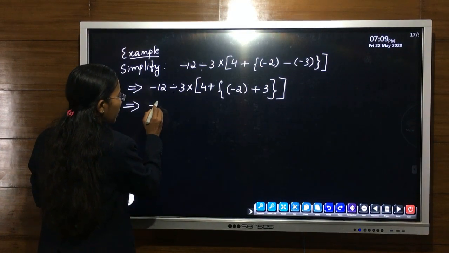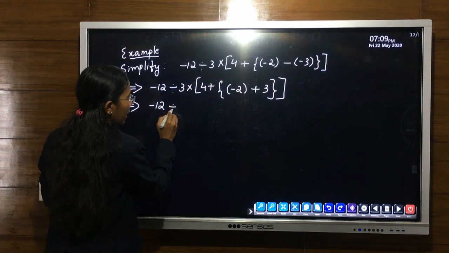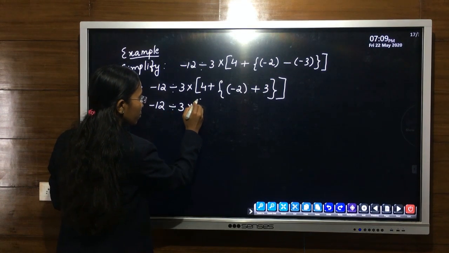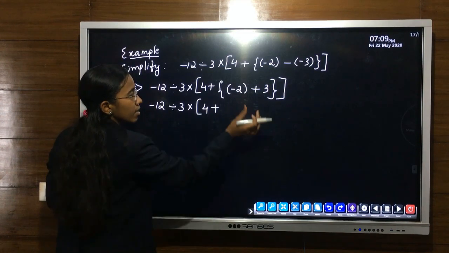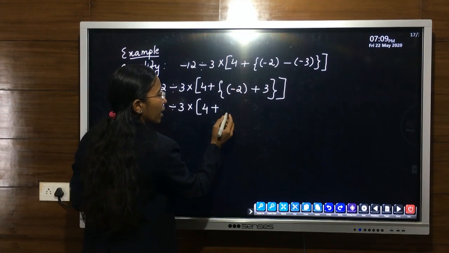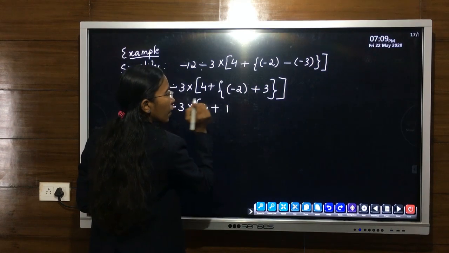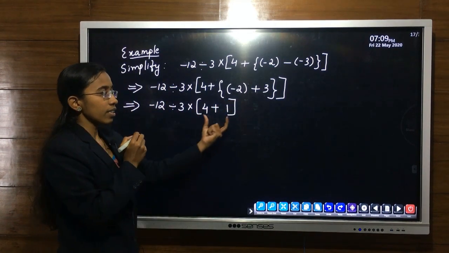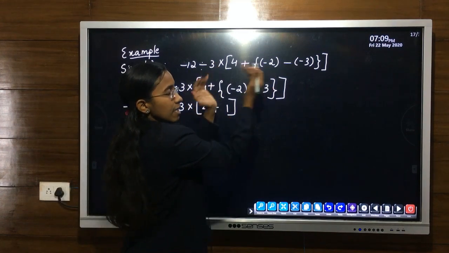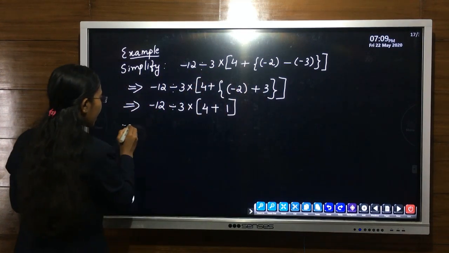So which implies we can write minus 12 divided by 3 into 4 plus this one. Minus 2 plus 3 is 1. So what is remaining here? Only square brackets. We are opening this bracket also.